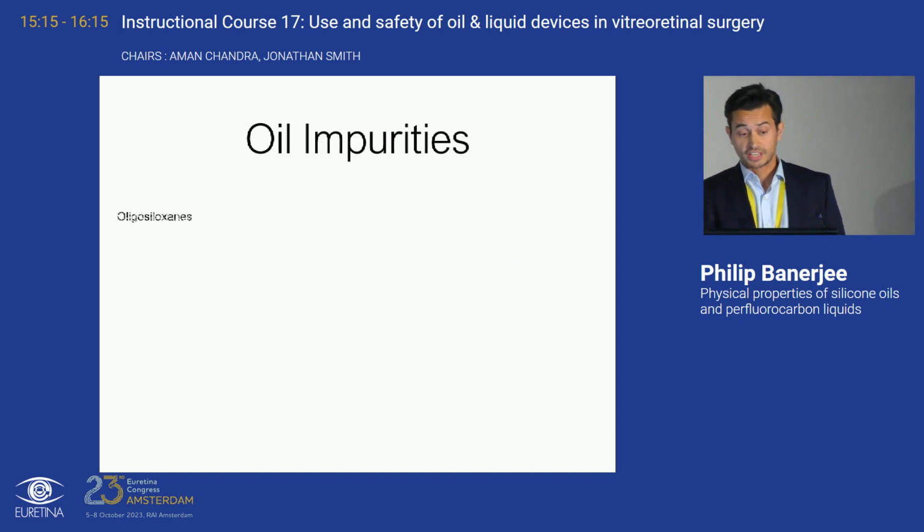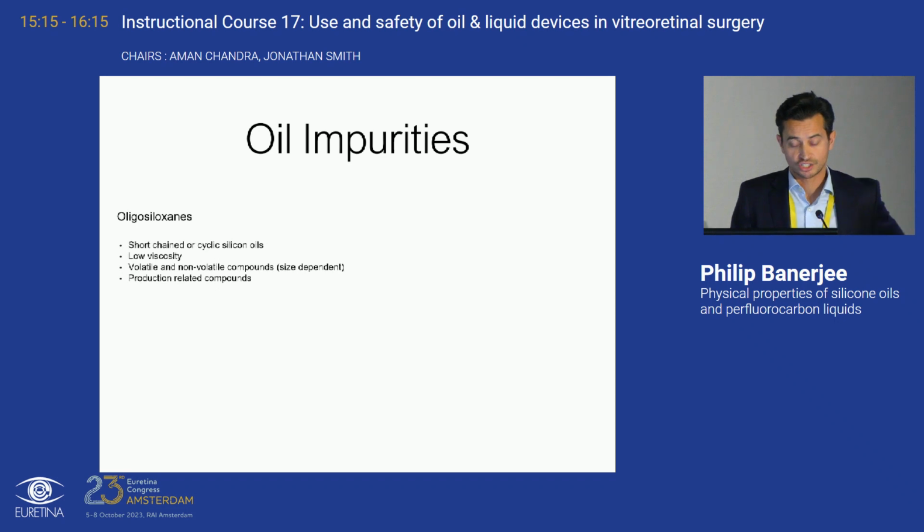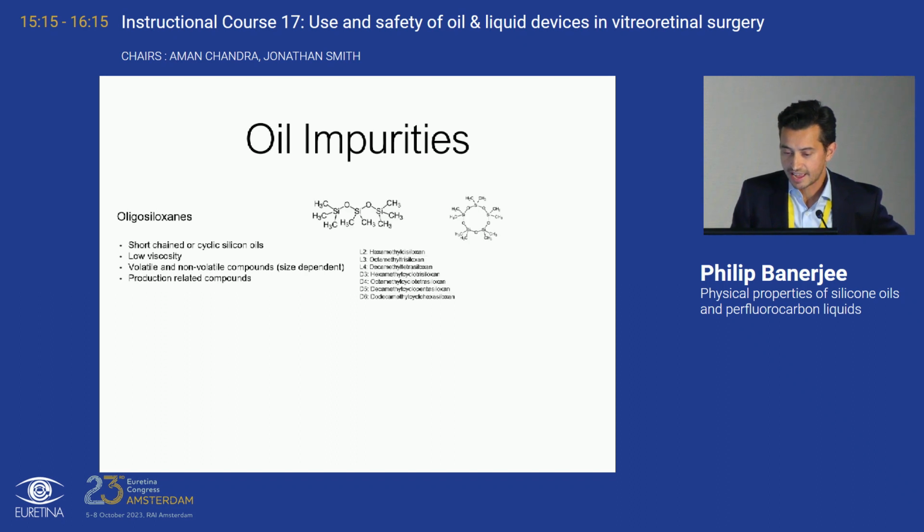Very briefly, I've included this slide, but Johnny Smith is going to elaborate further on oil impurities, but they're relevant to this talk. Oligosiloxanes are production-related compounds of low viscosity. There's a list of them there, I don't expect you to read them because they're unpronounceable.